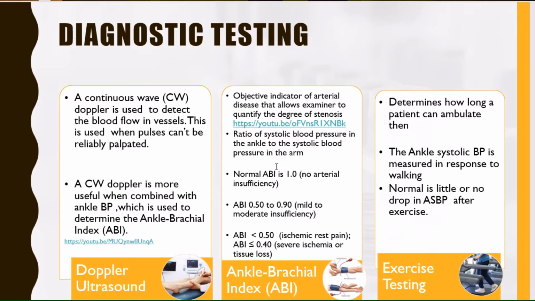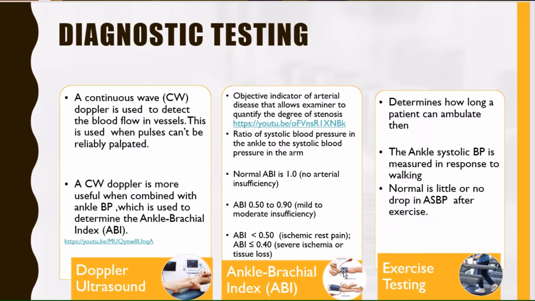But basically, we take the blood pressure on the ankle and also the blood pressure on the upper extremity, the brachial artery. We divide the ankle systolic blood pressure by the brachial systolic blood pressure.